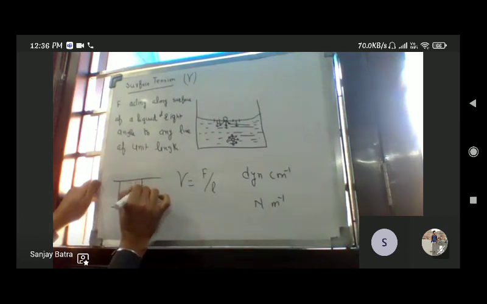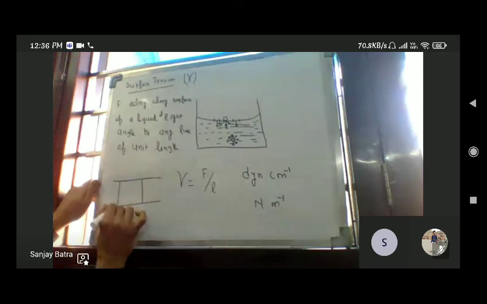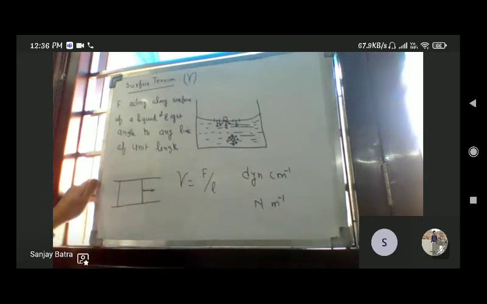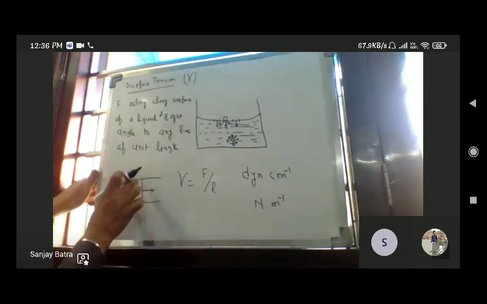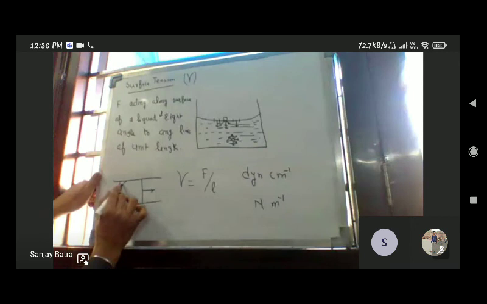Let's say it's a frame where this piston is movable. This is a movable piston. And we take this frame into soap solution and a film will be formed of soap molecules, meaning soapy liquid. A film may be formed here.